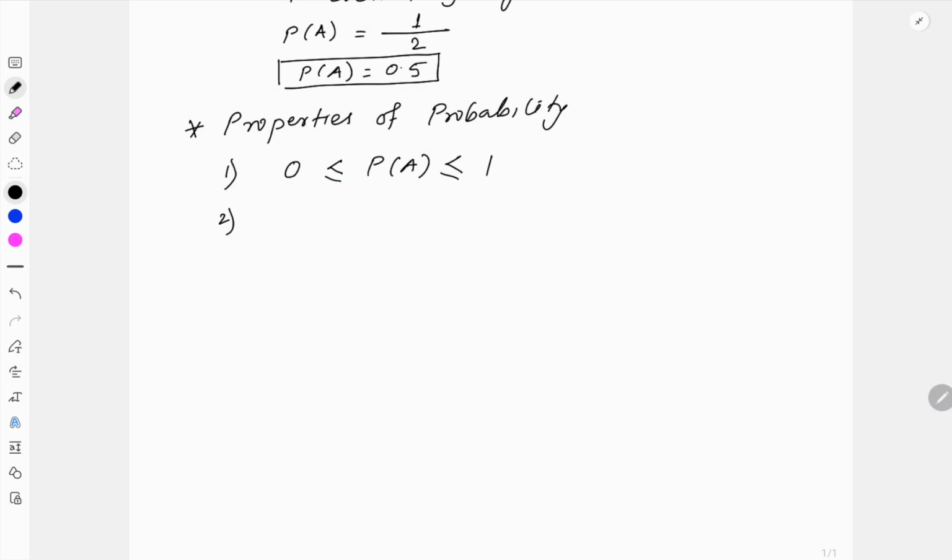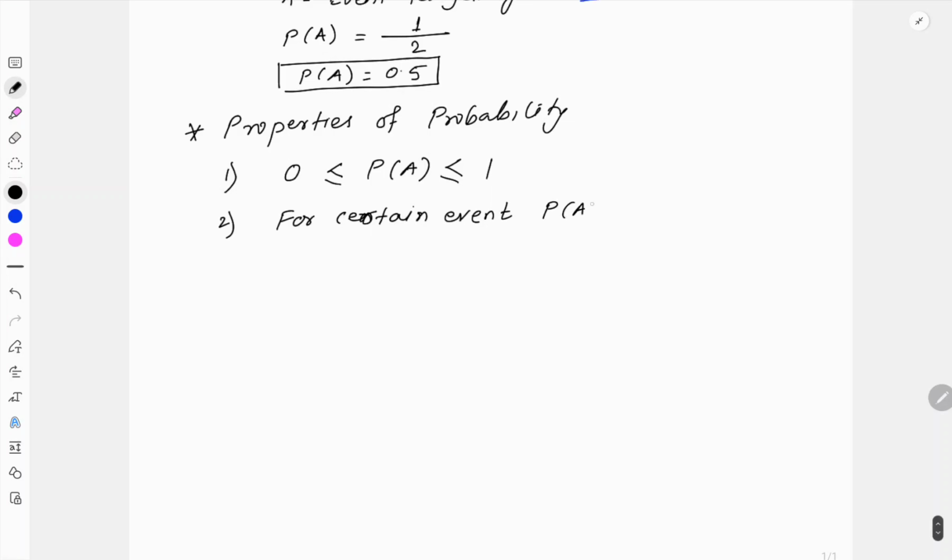Second property, if we have a certain event, it means this event is going to occur 100%. In that case, the probability of that event will be equal to 1. Next, complement. If A is the event, the probability of A complement is equal to 1 minus probability of A.